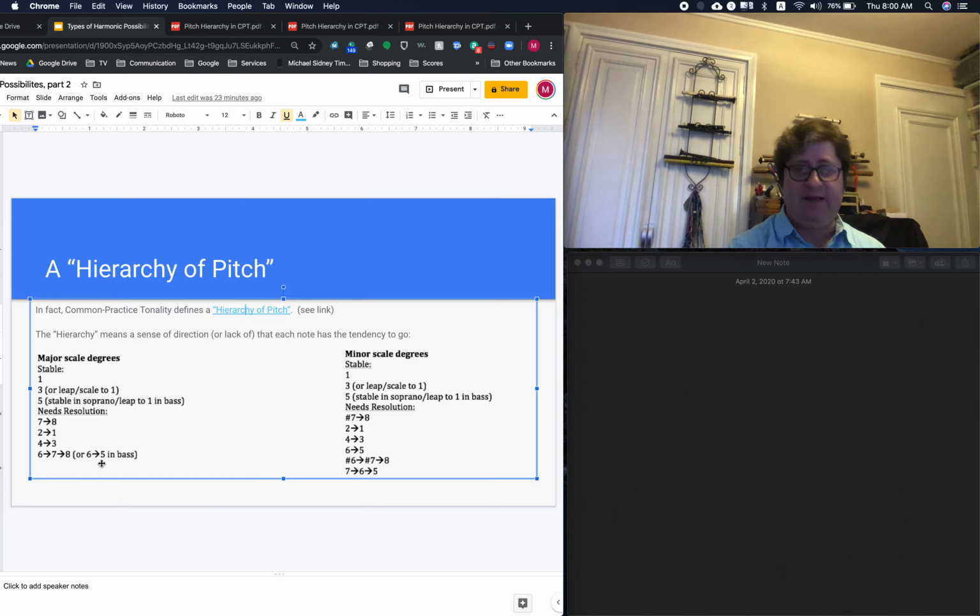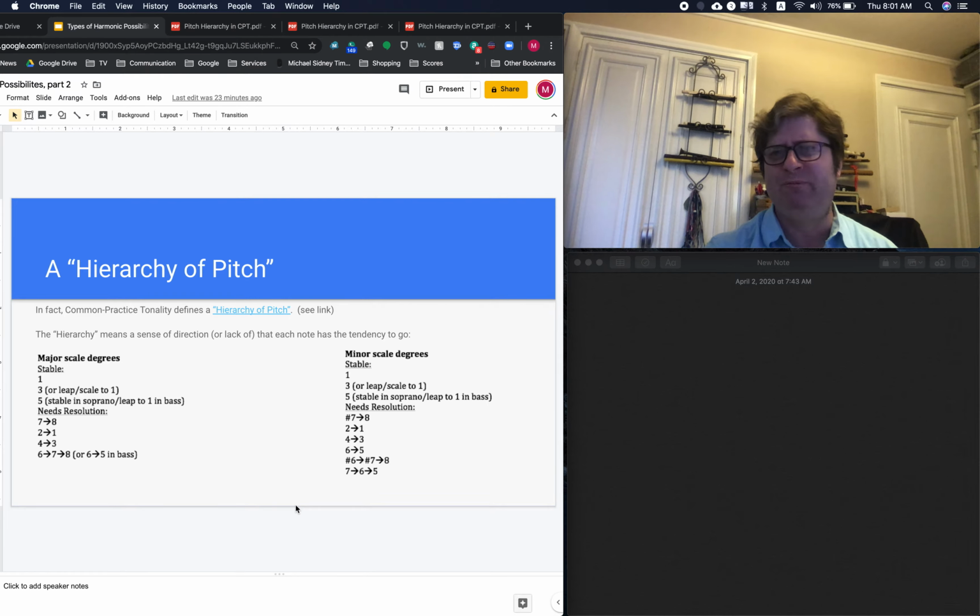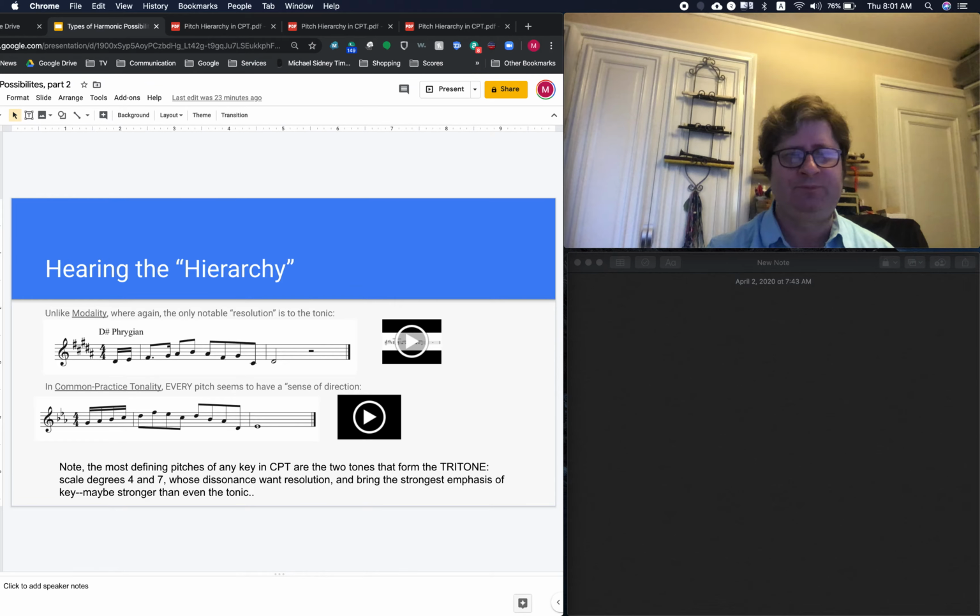It's been raised. Now, if we have the natural 6, it wants to go down to, of course, the 5, and then 7 that's lowered wants to go down. So you can see the raised ones want to go up to 8. The lowered ones want to go down to 5 on these alterations here. Okay. It's actually good for ear training practice.